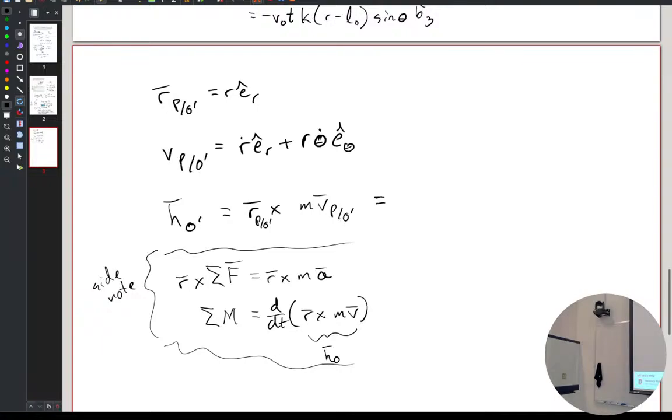Just what is H_O prime? So just plug those two equations into that cross product.